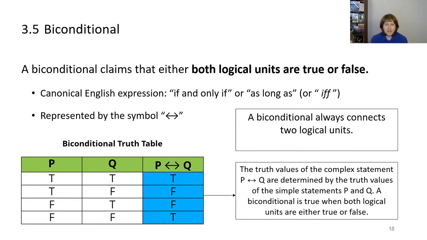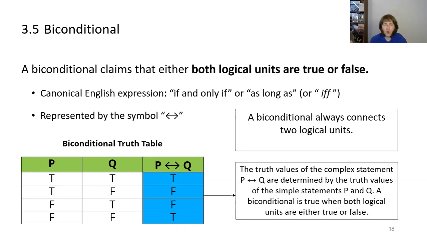Now, as stated right at the top, if the biconditional is true, then both of the logical units it connects are either true or false, right? But they're true or false together. That's really the difference. So as you can see in the column for the biconditional, P biconditional Q is really saying, look, P if and only if Q. What does that mean?